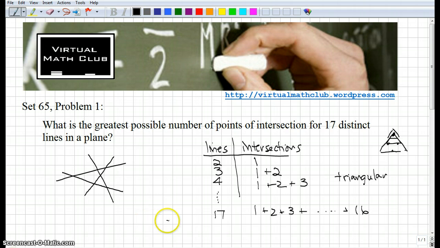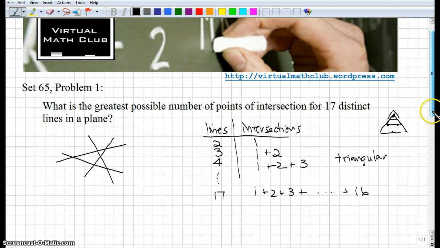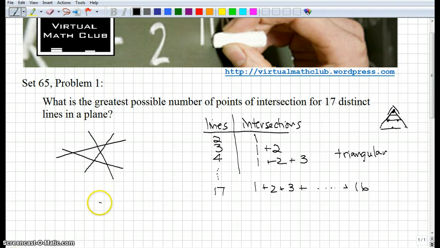The easy way to add this is to take the number of numbers, 16, times the first number plus the last number, 1 plus 16 is 17, and divided by 2. So it's essentially 17 times 8.